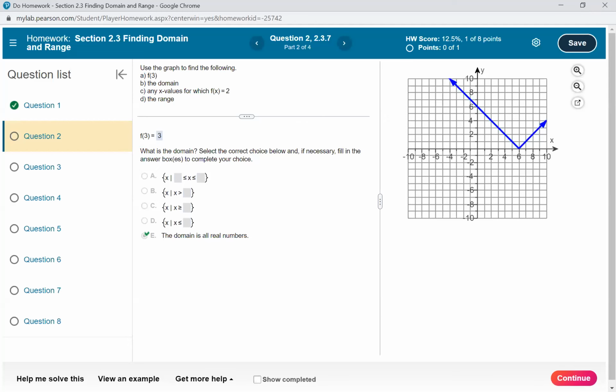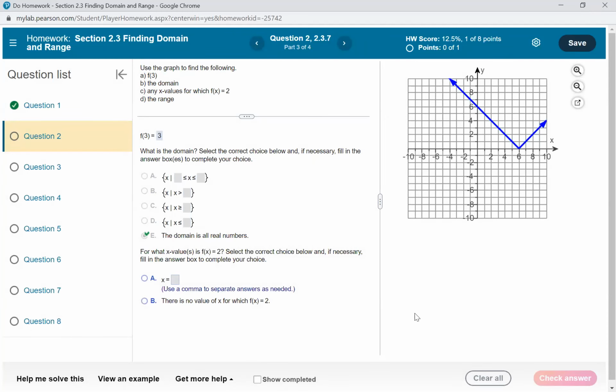So for what X values is f of X equal to 2? So remember, they're giving me the Y value of 2, and this time I got to find the X values. So we would go up to our Y axis, find 2, and go to the right and see what points are intersecting our line. So the first point that has a Y value of 2 looks like 4.